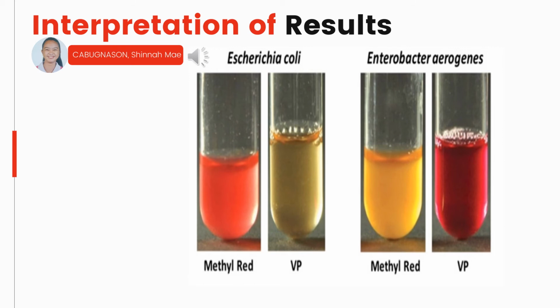At a pH of 4, the methyl red indicator turns red, and it is a positive methyl red test. And at a pH of 6, the indicator turns yellow, so a negative methyl red test. Also, E. aerogenes doesn't have the ability to convert pyruvate into mixed organic acid.